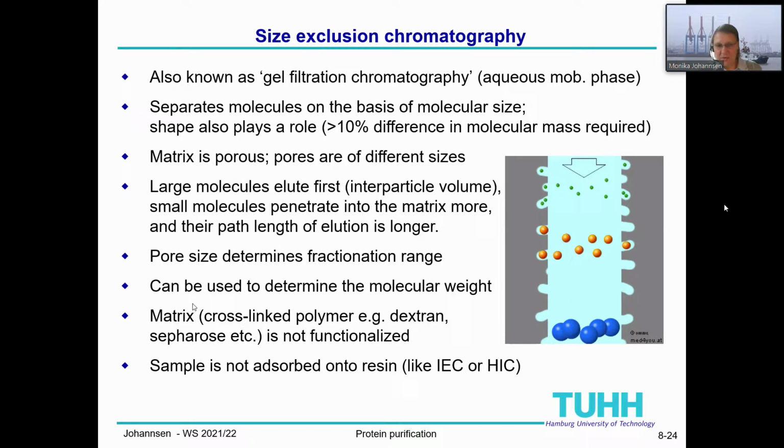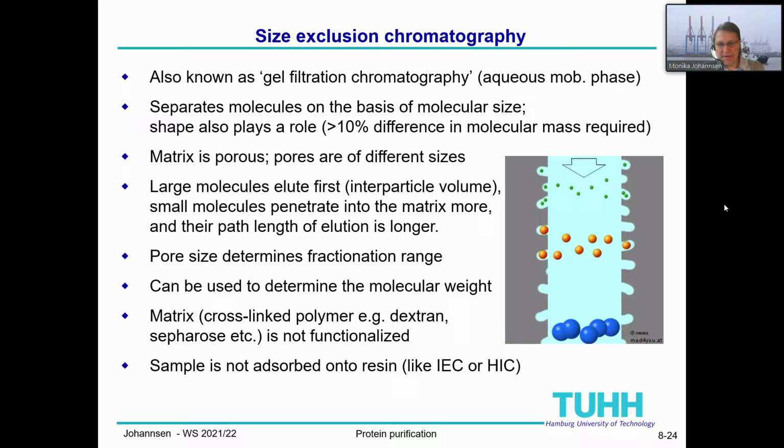Size exclusion chromatography can also be used to determine the molecular weight of an unknown protein, for example. This matrix is really just a porous gel, which is not functionalized with any active groups.